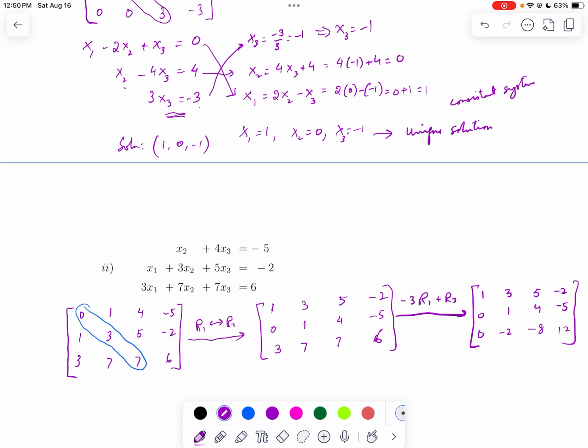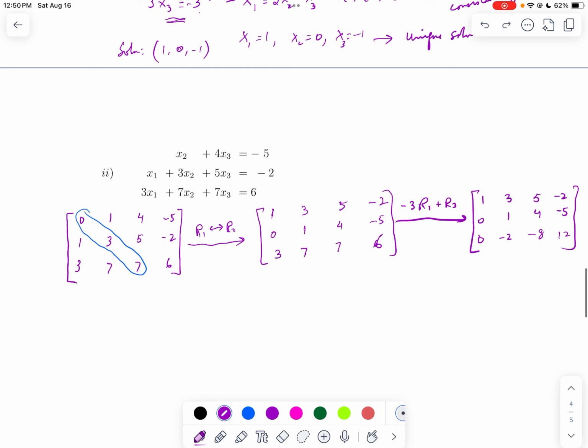So now our job is to make a 0 over here. We can keep it as it is and then add a multiple of the second row to make this quantity 0. So now you may notice the pattern. In order to make the zeros in the first column, however big the matrix may be, however many entries may be down here, you will use the first row to make these entries 0.